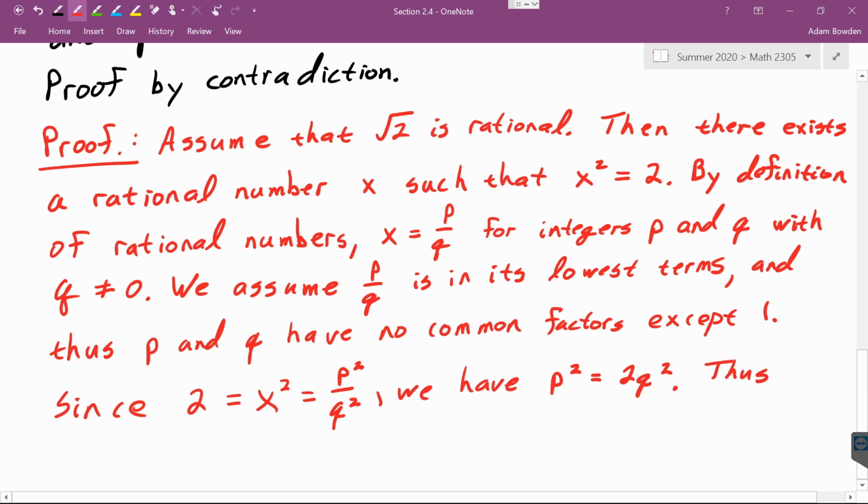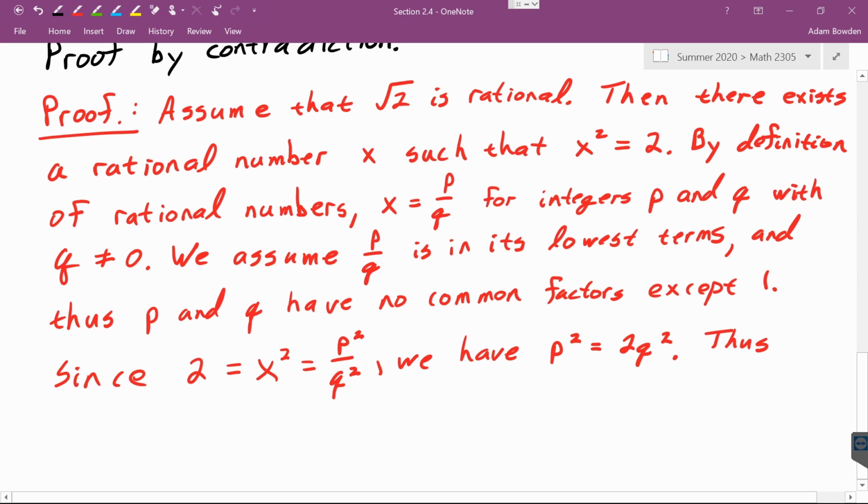So thus, as a result of seeing that p squared is equal to 2 times q squared, we have to know that p squared is an even number. It's a multiple of 2. And also, as a result, p is even.